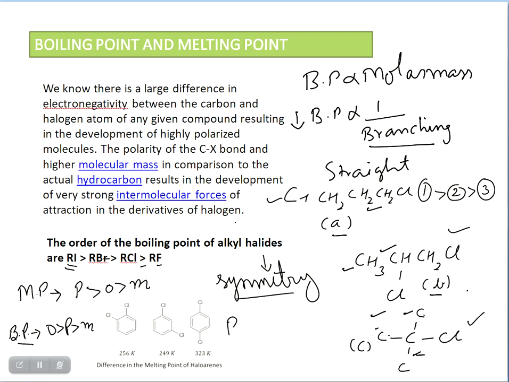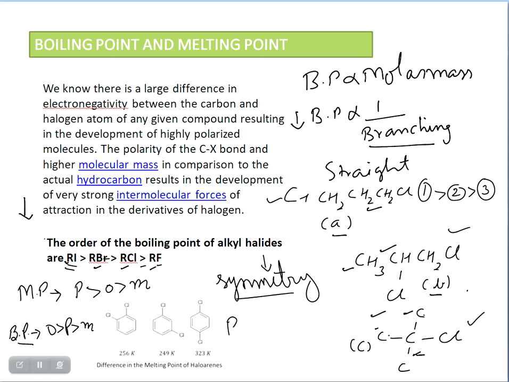So two things you have to remember, because of the order of boiling point: number one is RI, because as we move down the group the size increases, and as the size increases, molar mass also increases. So RI has the highest boiling point, then RBr, then RCl, and then RF.